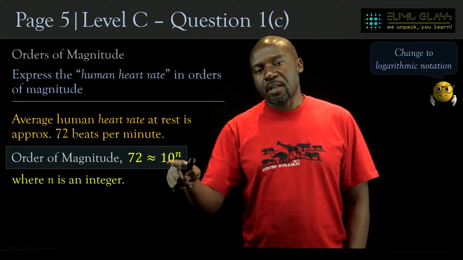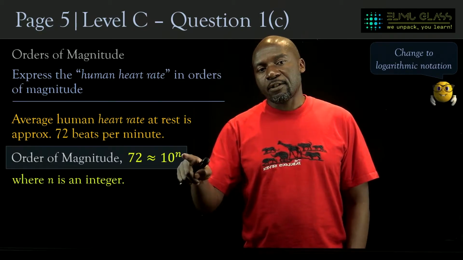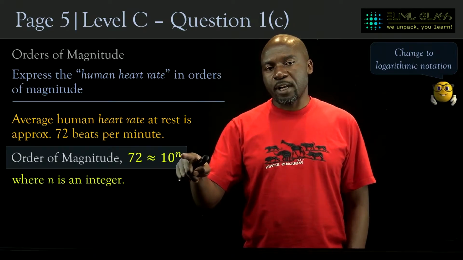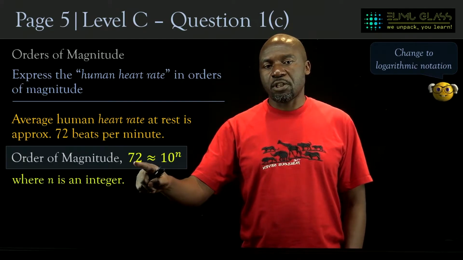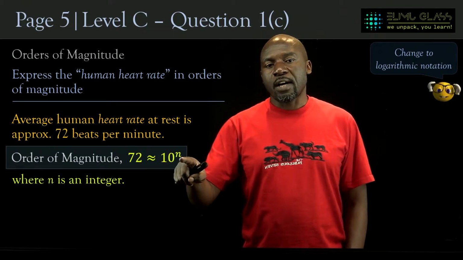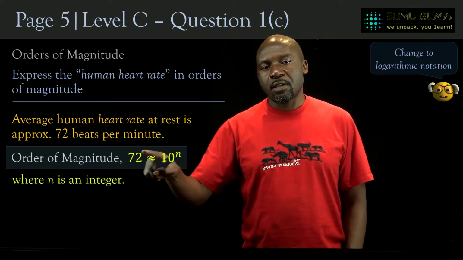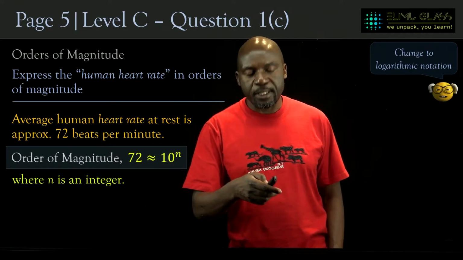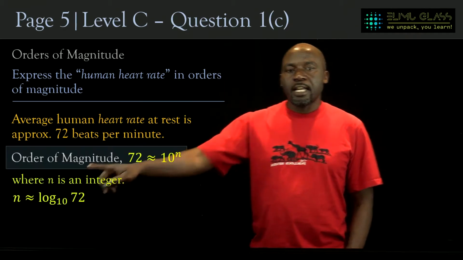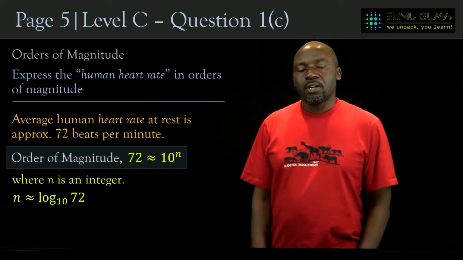When we are referring to the base 10, n is called the index, the power or the exponent. But when we are referring to 72, then n is referred to as the logarithm. So we can write n is the logarithm of 72 under base 10, okay? So the first thing is to express n as log of 72 to base 10.